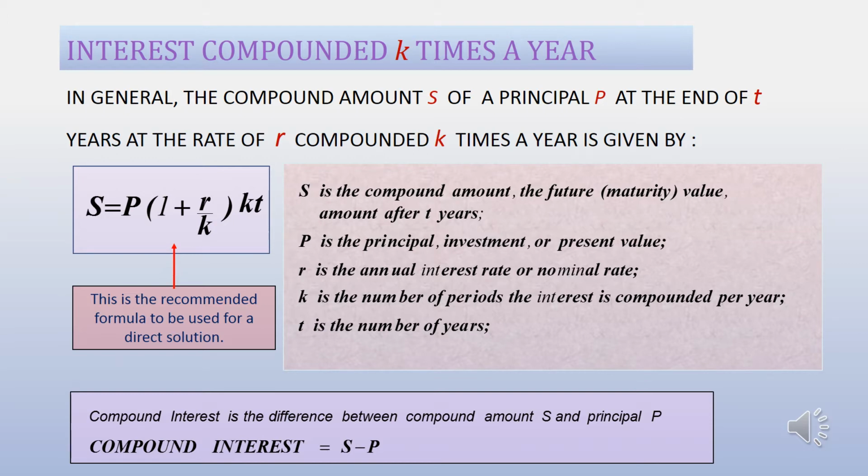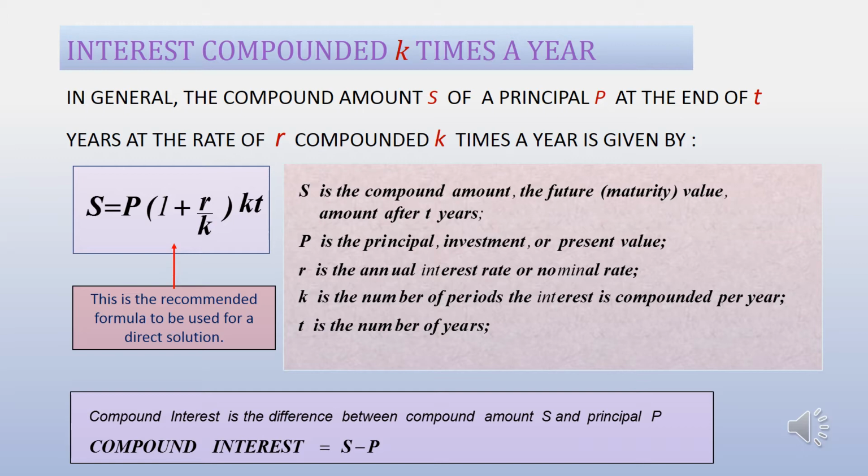When we have five variables here, it means when 4 of the variables are given, then we can find the other variable. So this is the recommended formula to be used for direct solutions. From now on, we can use this formula to solve the problems.